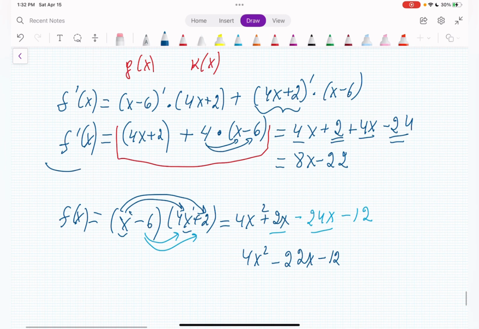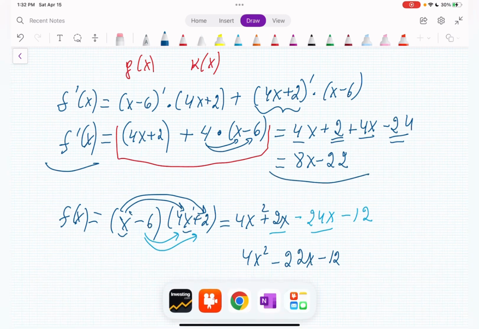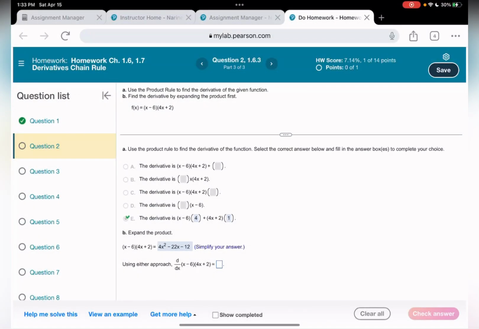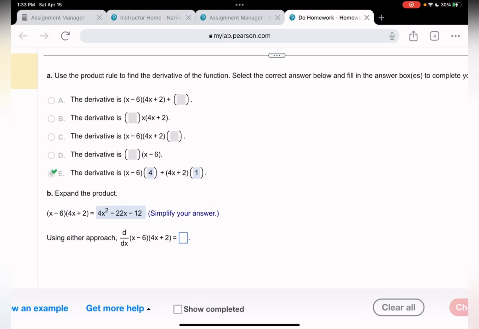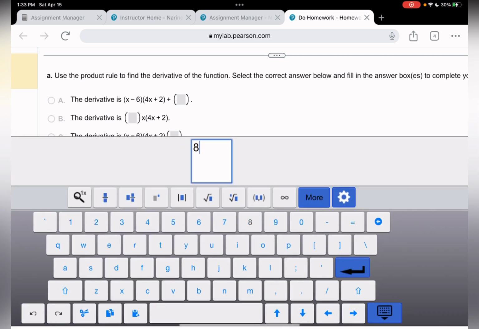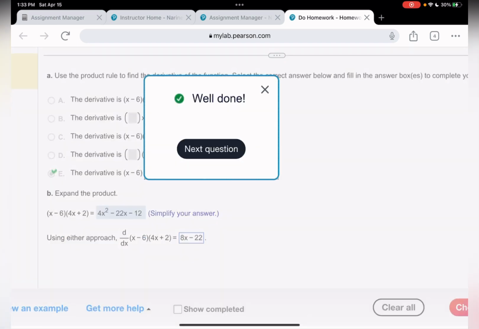See, the f prime of x, and finally we got 8x minus 22. And I'm going to place that answer. (8x minus 22). Okay, next question.